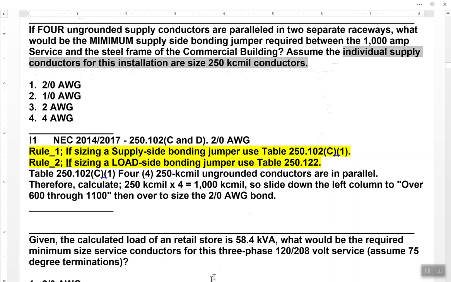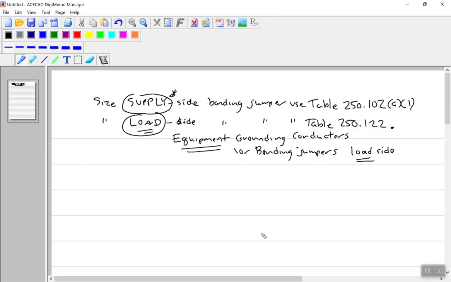Let's put this in our notes. If there's four 250 kcmil conductors, wouldn't it be 250 kcmil times 4, and wouldn't that give us 1,000 kcmil?